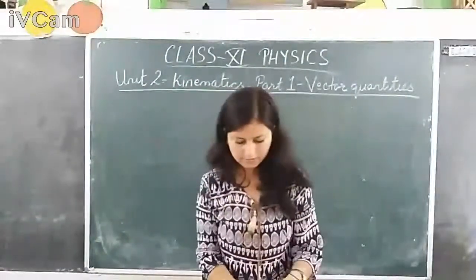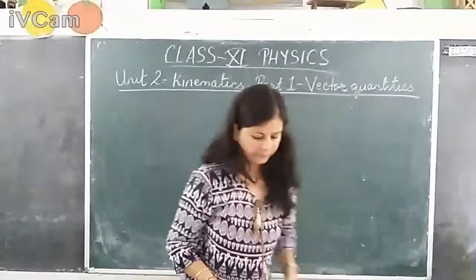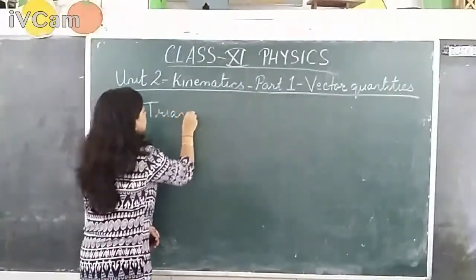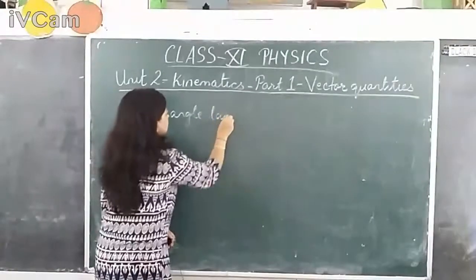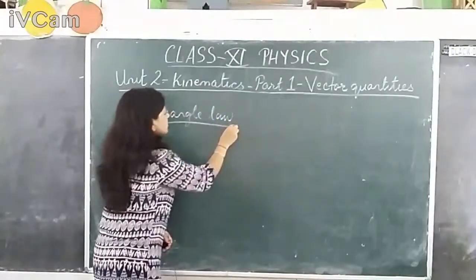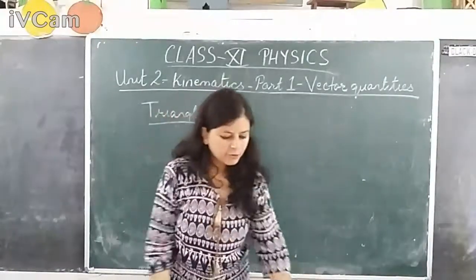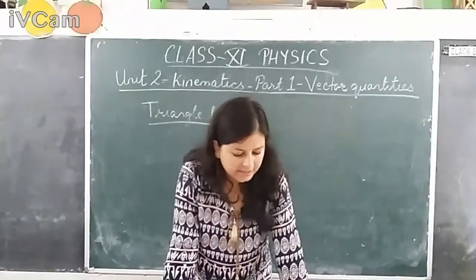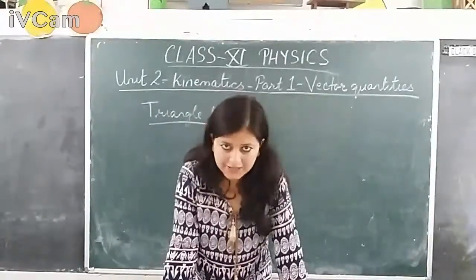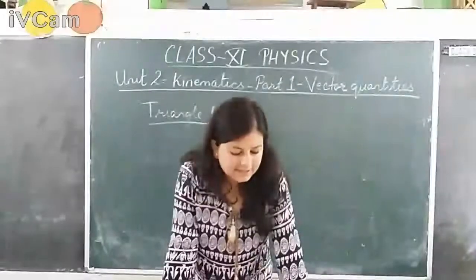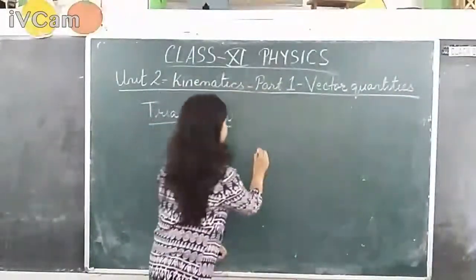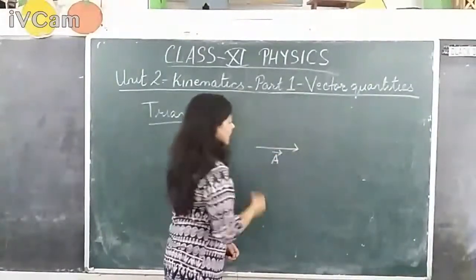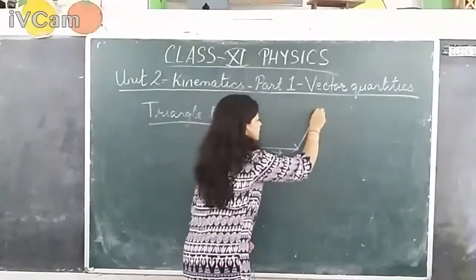Now we will begin with triangle law of vector addition. Triangle law. Now this law states that if two vectors are represented in magnitude and direction by the two sides of a triangle in the same order, suppose we have two vectors represented in magnitude and direction by two sides of a triangle.